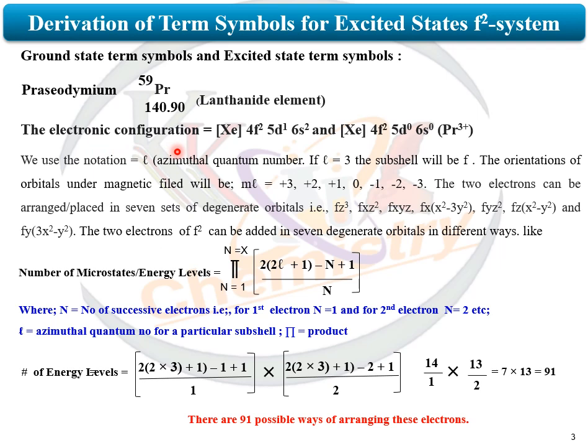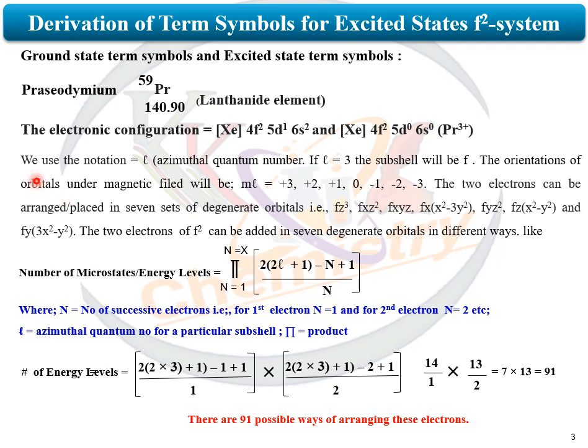The electronic arrangement of praseodymium is xenon 4f2 5d1 6s2. It is the ground state electronic configuration. When two electrons are removed from the s shell and one from the d, it becomes Pr plus 3, the trivalent state.